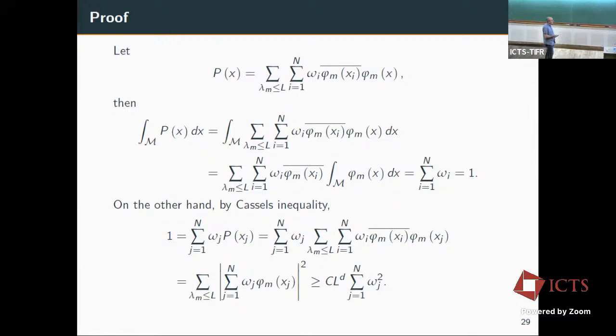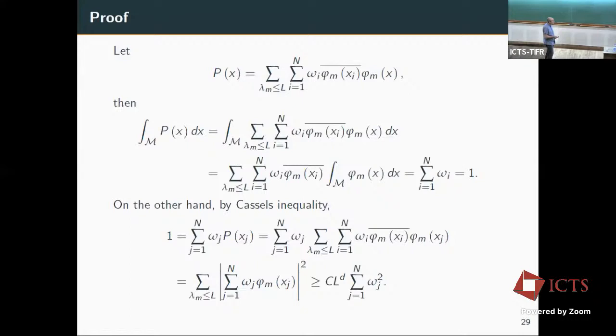But because this is a polynomial of degree at most L, then we just said that for those polynomials, the integral coincides with the Riemann sums, with the numerical approximation of our integral. In this case, they just coincide. And I write what p of xj is. So you put an xj here in place of x.